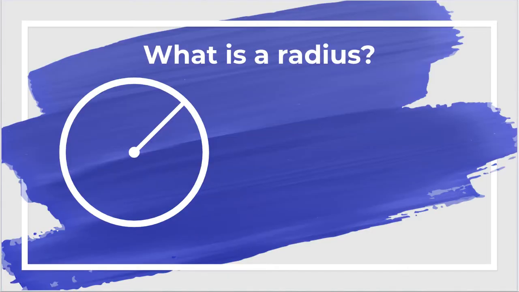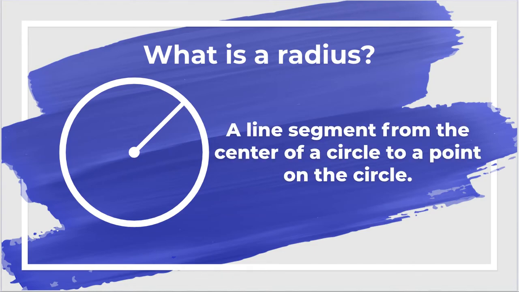Moving on, the next term, which is going to be really common, we're going to use this term a lot, is called the radius, and there's a visual for you. So how would you describe what that visual is representing? So a radius is the line segment from the center of the circle to the point on the circle. So it represents specifically this line segment.